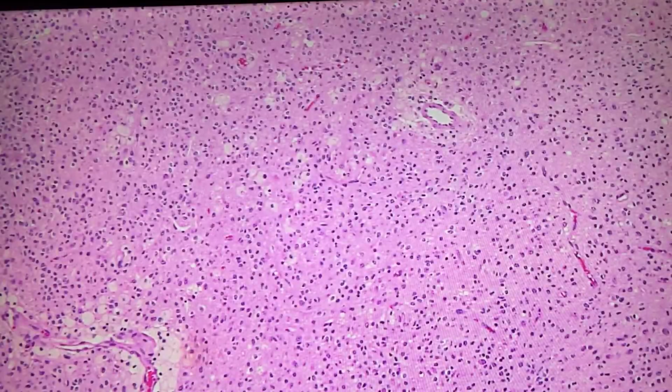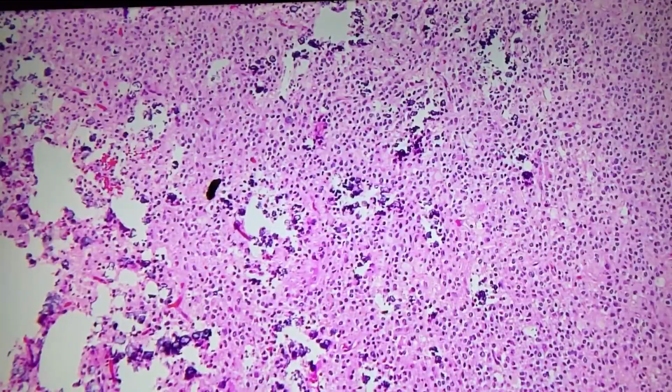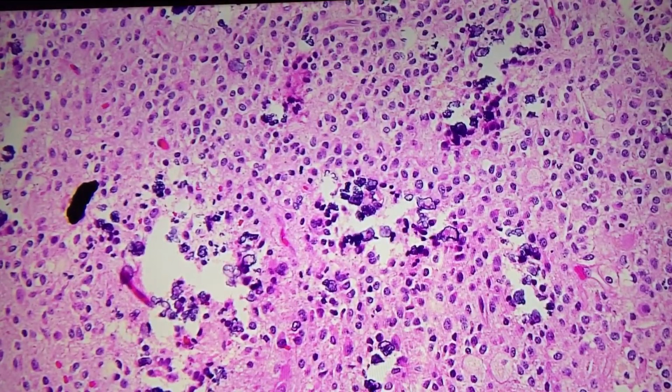To be fair to you, Anurag, as I move around this slide, I totally have no idea what this was, so I'm as clueless as you are. But let's see. Okay, so here's the high power. What's this stuff for? It's like calcification, microcalcifications.